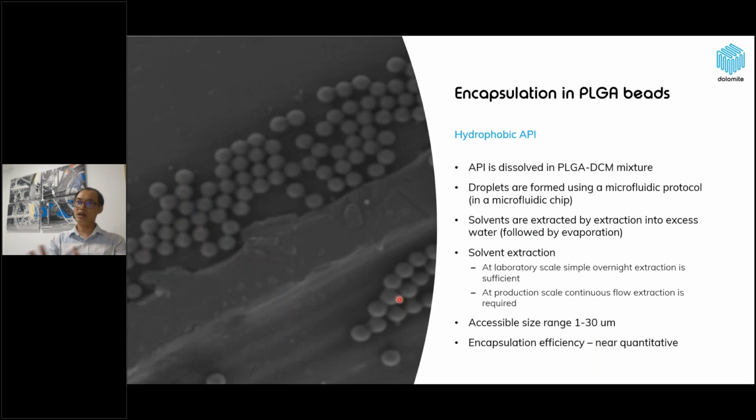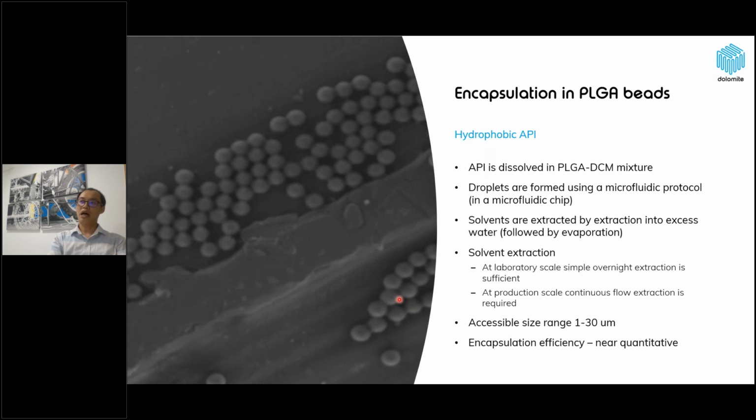So there are two types of APIs that can be encapsulated in PLGA beads. Firstly, it is a hydrophobic API, or a hydrophobic encapsulant or marker. In this case, the API is dissolved in the organic phase like the PLGA and DCM mixture. And then we make a droplet using a microfluidic protocol in a microfluidic chip.